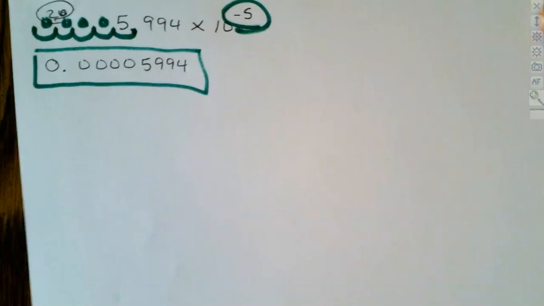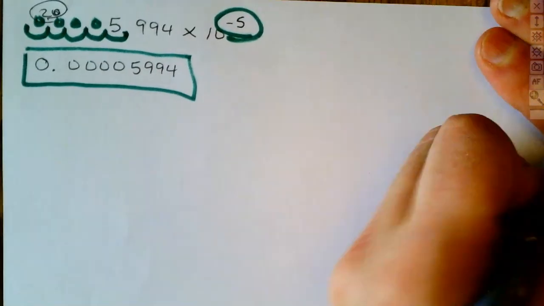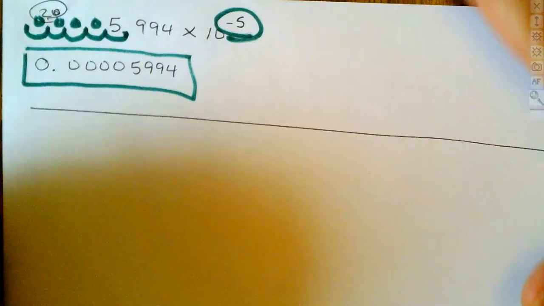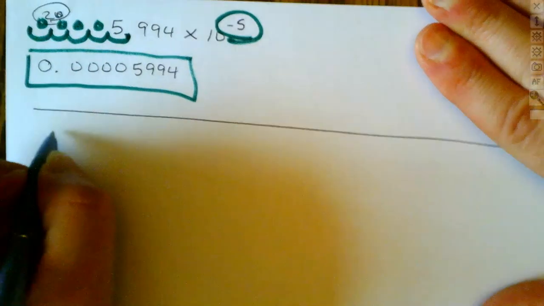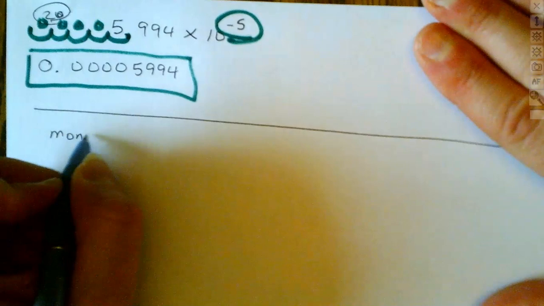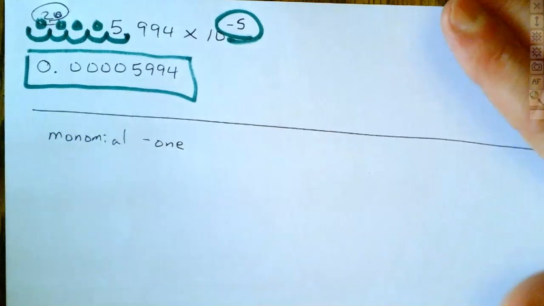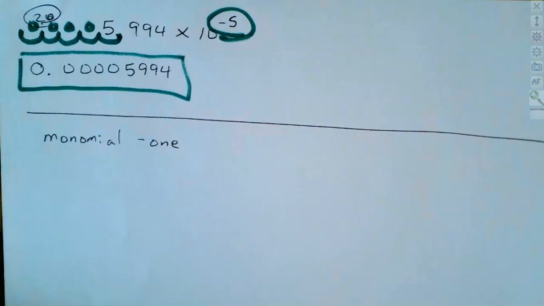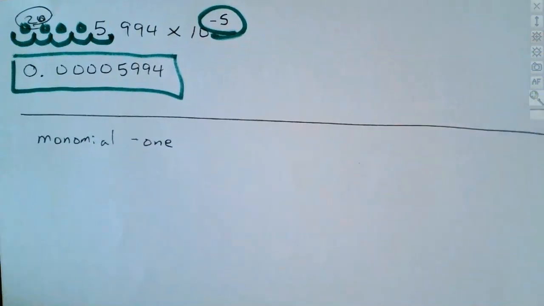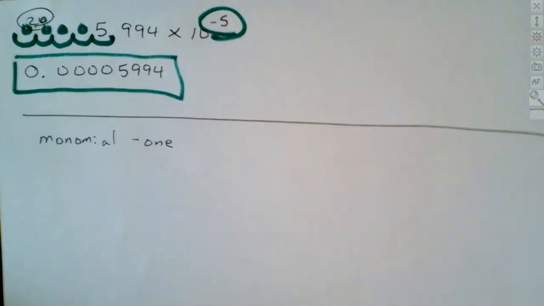When we classify them, think about the number of terms. Monomial, that means 1. Easy way to think of that is a monocle. You know, monocle is an eyeglass, but it only has one lens. Okay, monocle means 1. Mono means 1.